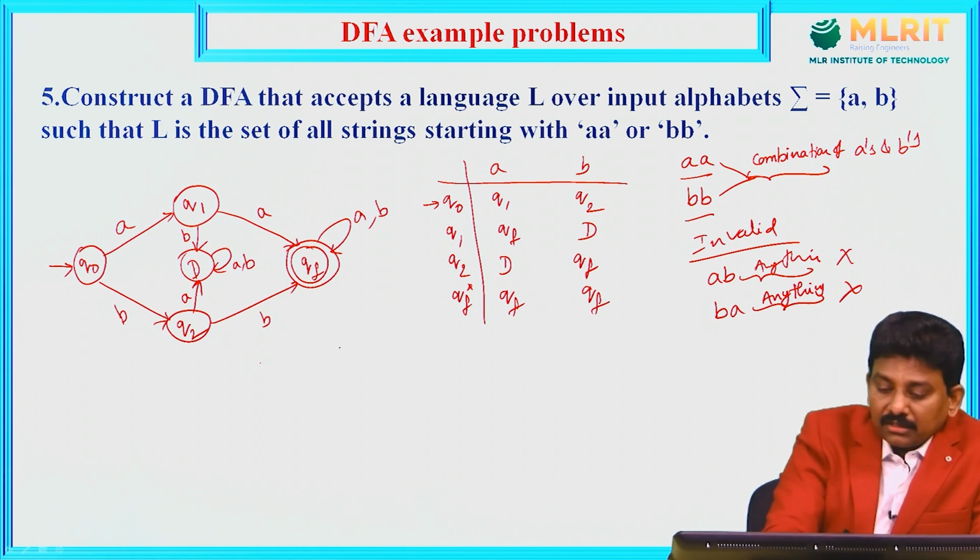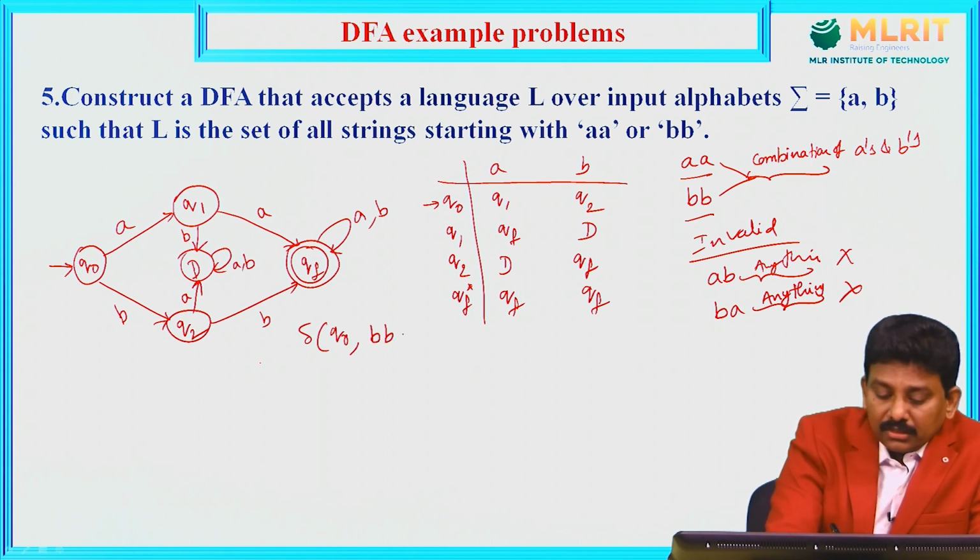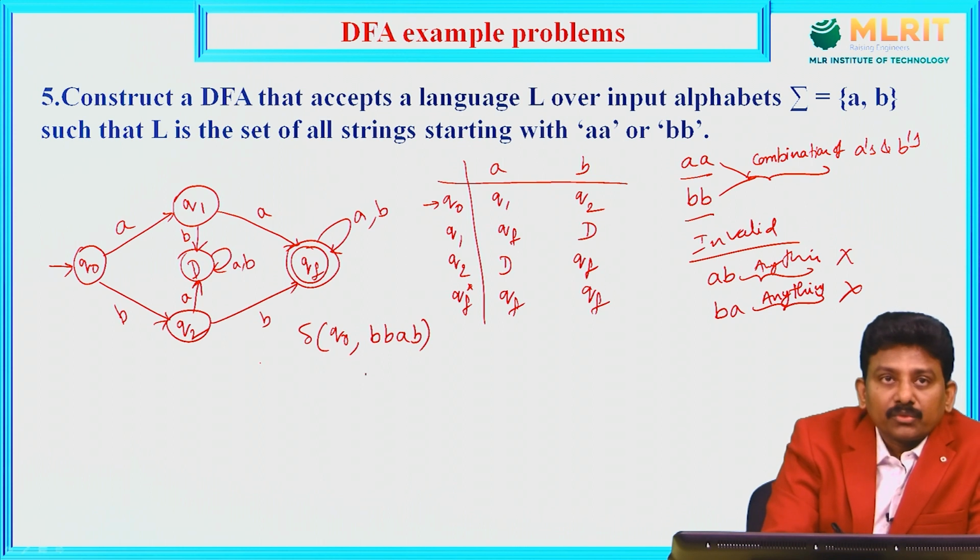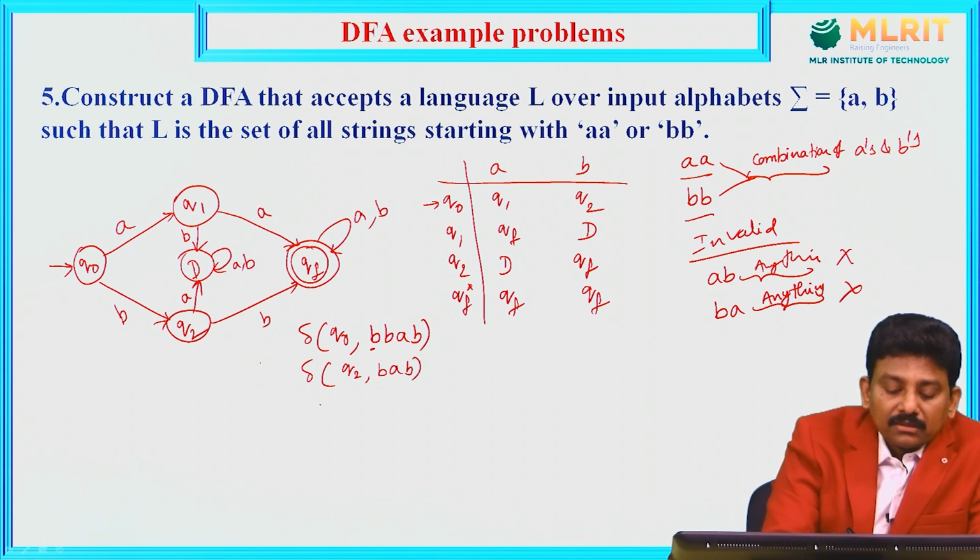Then take a sample string. Q0 is the initial state, take BBAB, a valid string, for processing. Q0 on B goes to Q2, this is the first symbol, remaining input is BAB. Q2 on B goes to QF, remaining input is AB.